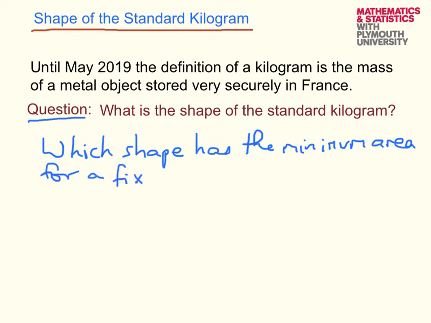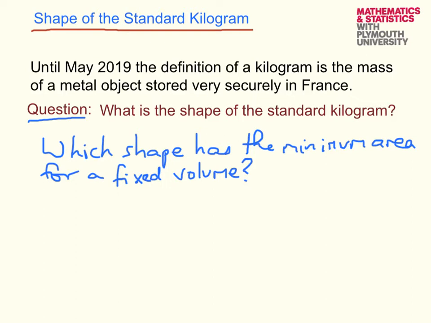So you have a particular volume, and that means for your particular alloy, platinum iridium, in the kilogram that we use, for a fixed volume it's going to give you a fixed mass. So you could imagine lots of different shapes which have got the same total volume and hence the same mass because they're made of the same metal.